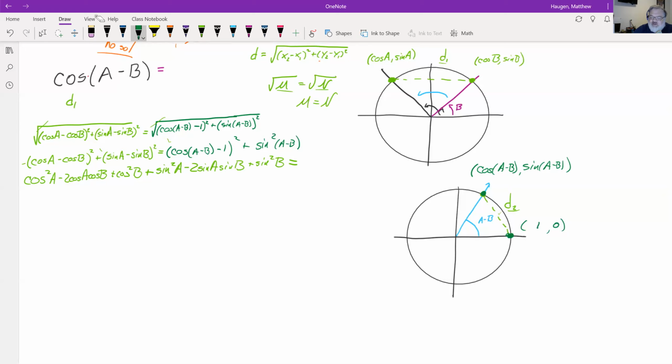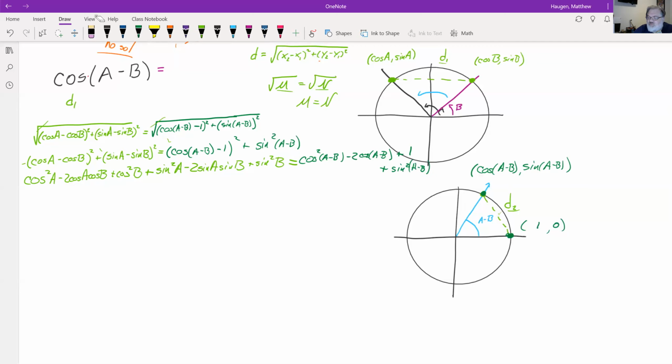I'm going to keep it dark green just to keep track of them. We're going to have cosine squared a minus b, minus 2 times their product, so cosine a minus b, sorry, this is getting squished, times 1, but the times 1 we don't need, plus the 1 squared is 1, and then I'm going to write the plus sine squared a minus b down here.